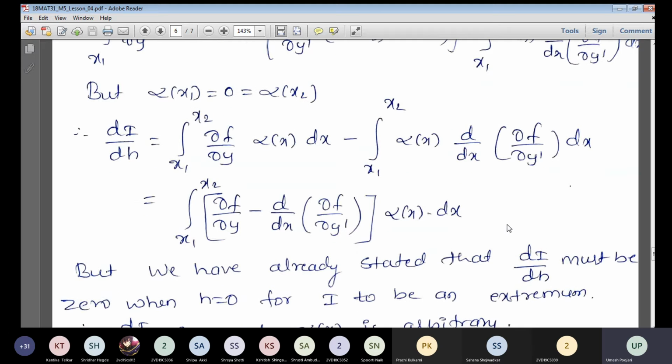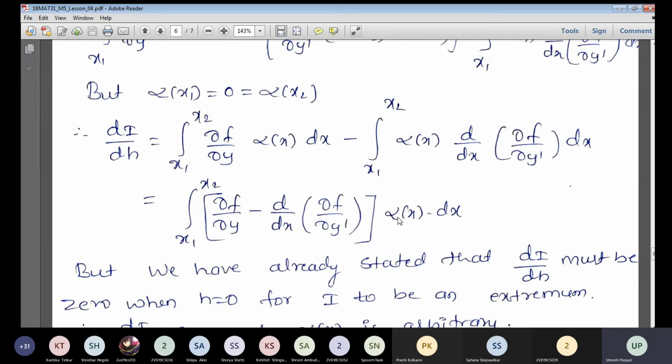Now what I will do, see, the integration limit is from x1 to x2 in both integrals. I will just combine them. Initially I separated them, now I will combine. If you combine this integration from x1 to x2, which term is common here? See, alpha x dx is common in the first integral as well as the second integral.